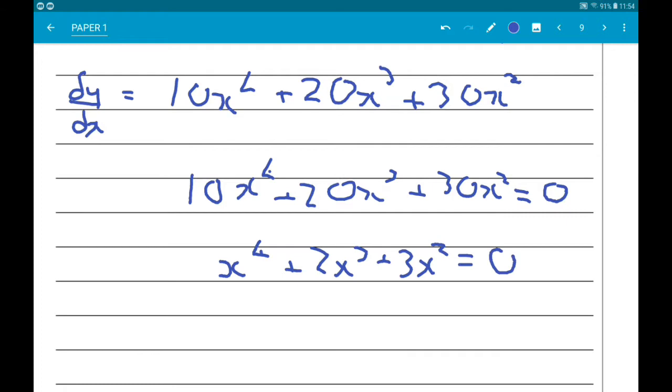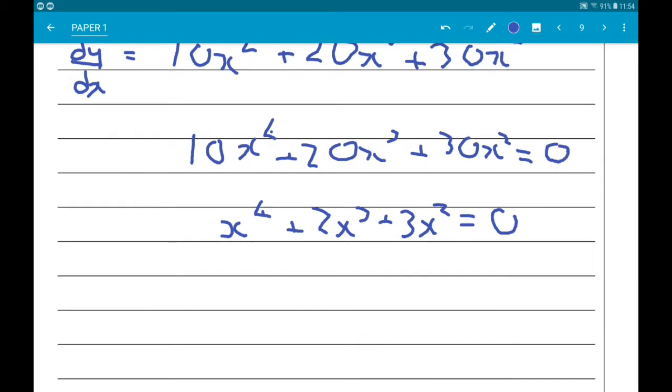Now there's also here a common factor of x squared. Don't divide that away because we're going to lose the coordinate that we want. Instead, factorise. So we can now write this as x squared times x squared add 2x add 3 is equal to 0.